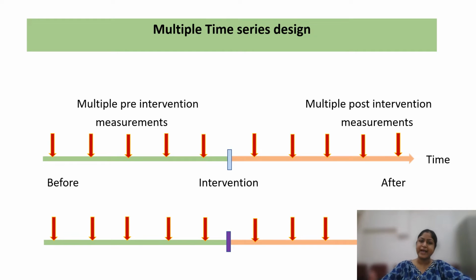In multiple time series design, there are two groups and different interventions are carried out in both the groups, or either one group will receive the intervention and the other will receive placebo or no intervention at all. Again, the difference between time points is calculated and the degree of change is then compared in the two groups.